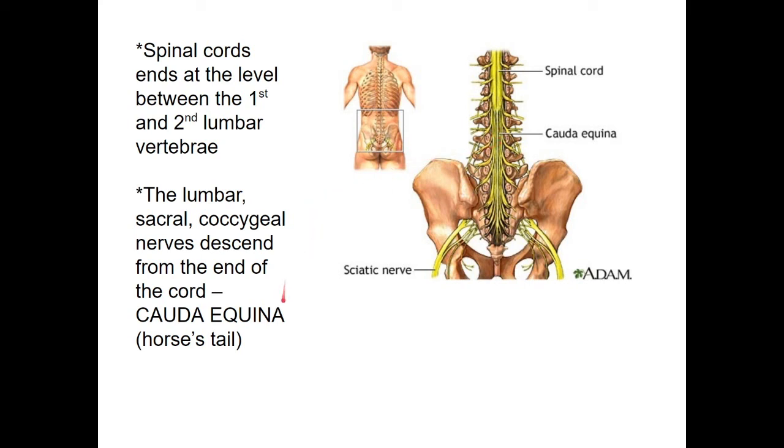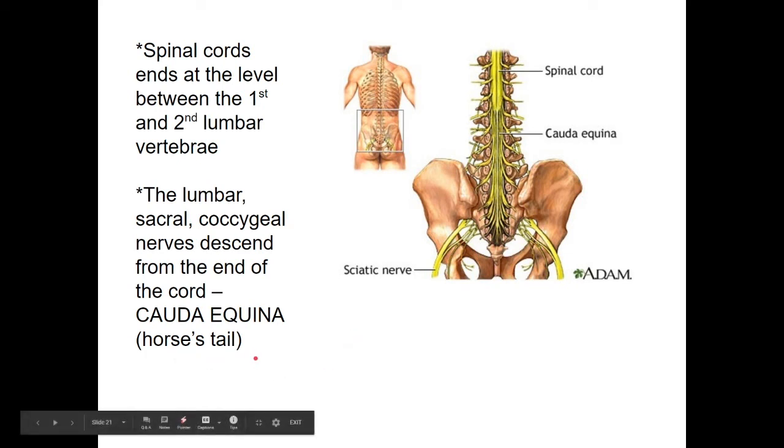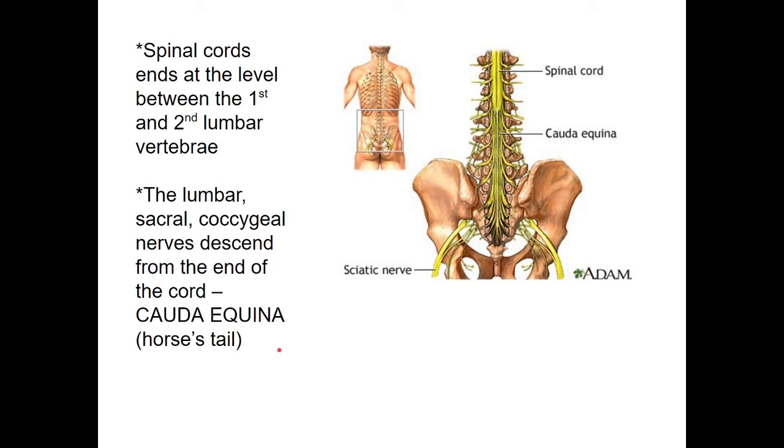So that's where the name cauda equina comes from, meaning horse tail. If you think about a horse's tail, how it's all just the long hairs coming out. The end of your spinal cord, down from L2 all the way through the sacrum, is just more like little strings, so therefore it's called the cauda equina, or horse's tail.